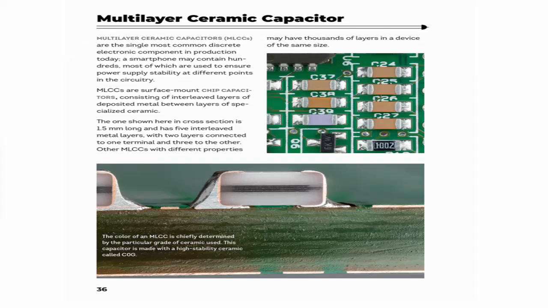The one shown here in cross section is 1.5 millimeter long and has five interleaved metal layers, with two layers connected to one terminal and three to the other. This may have thousands of layers in a device of the same size.